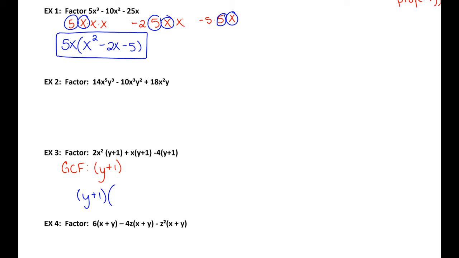So the first term still has a 2x squared, the second term still has an x, and the third term has a negative 4 still. So all I did was take this y plus 1 and put it out front. This would be your final factored polynomial. Please use example 3 to help you try example 4 on your own.